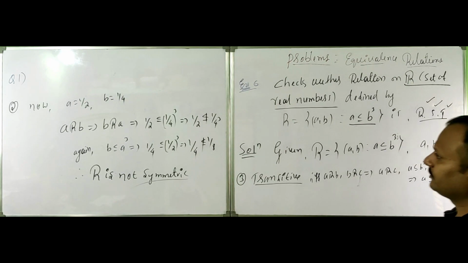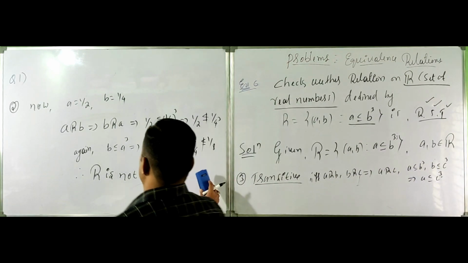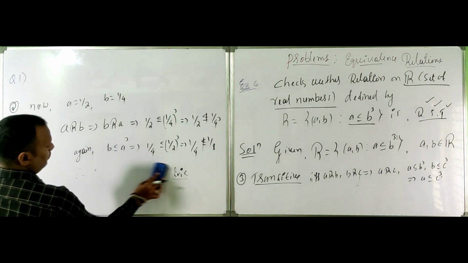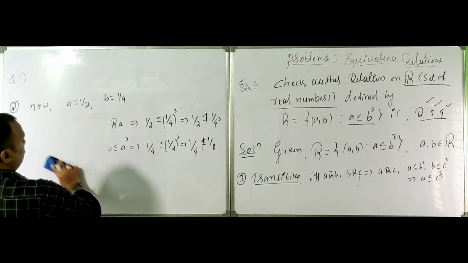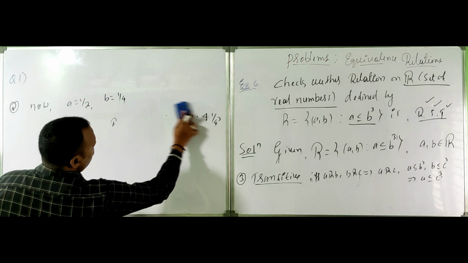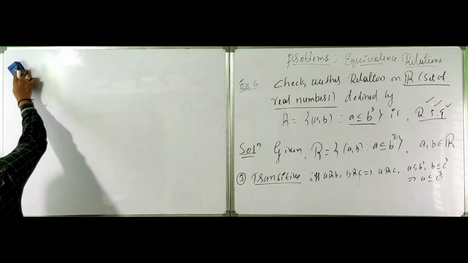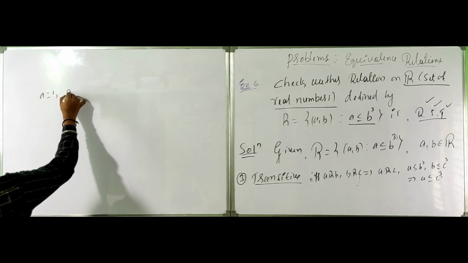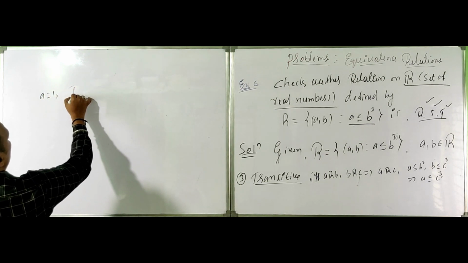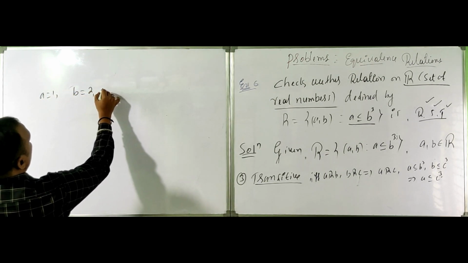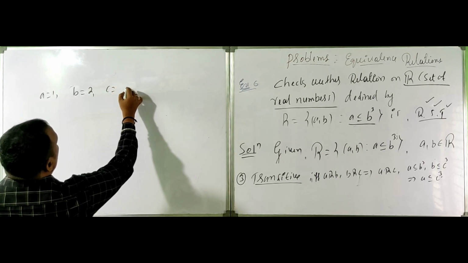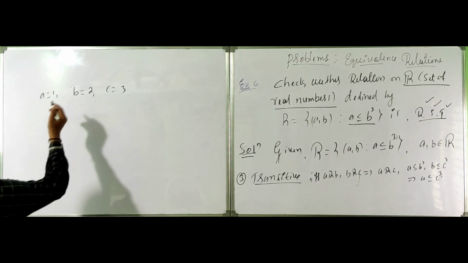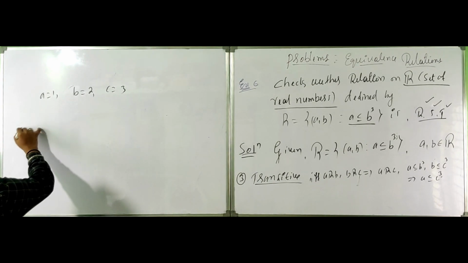I am erasing this one also. Our condition. Let's take a equal to 1, b equal to 2 and c equal to 3. Let's check random values.